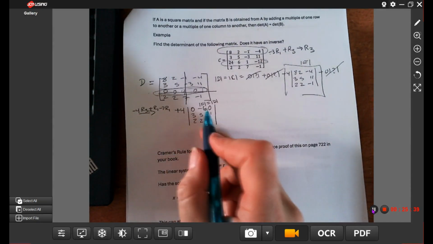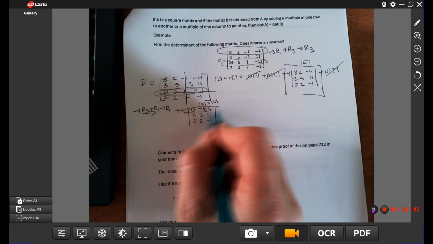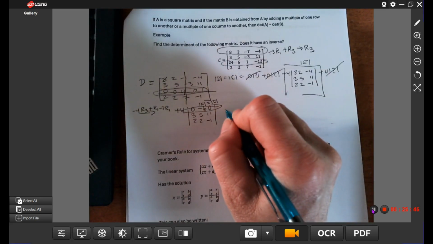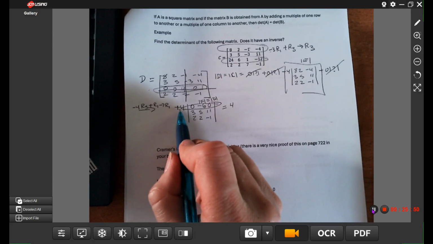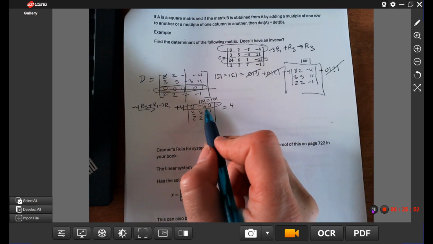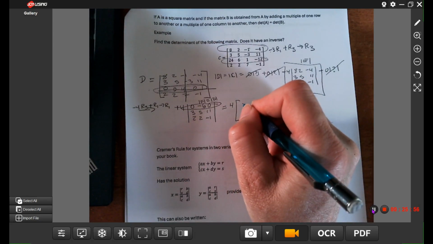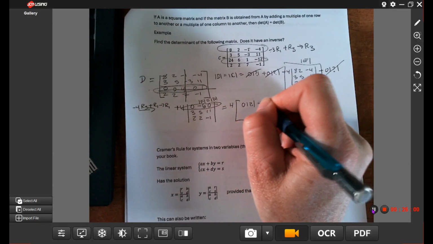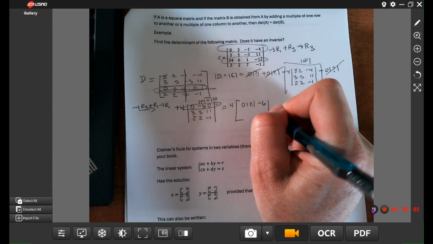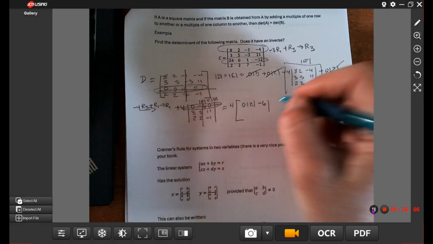All right, the determinant, not the matrix, the determinant. So now I can expand on this row. So I'm not going to forget the 4, that was the coefficient, and I'm going to expand on this row. So I have 0 times doesn't matter, minus 6 times it does matter, so row 1, column 2.